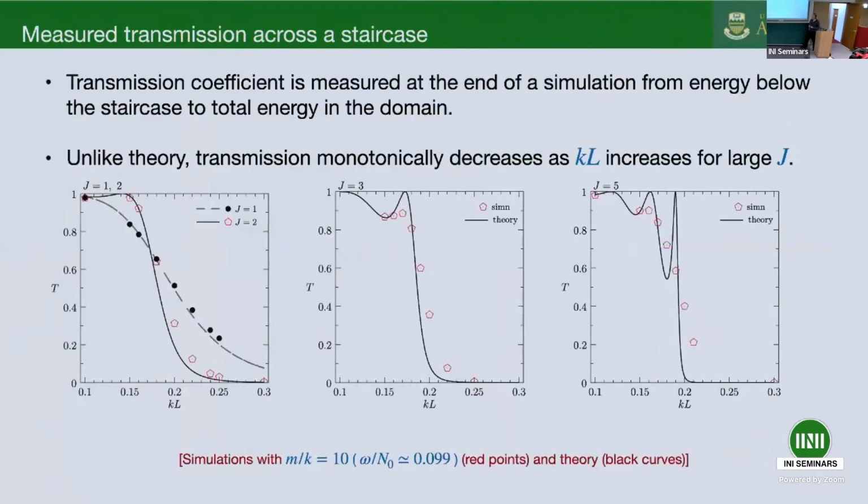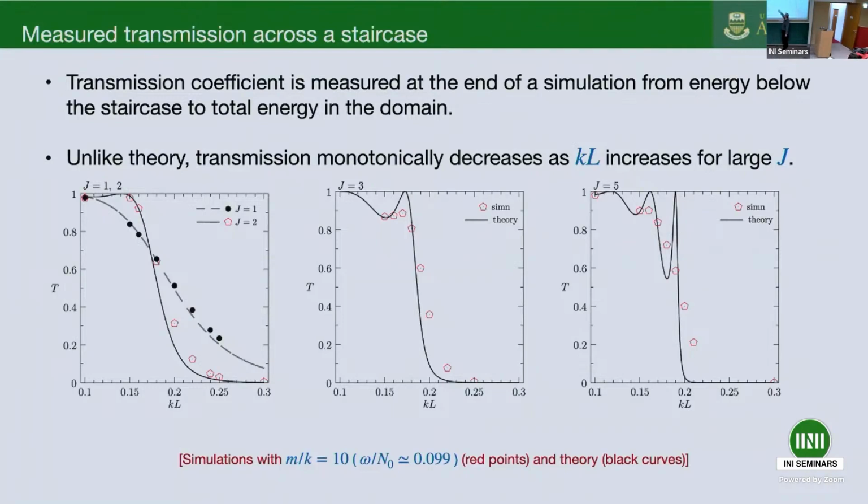Okay, so these are the results of having measured the transmission coefficient in a number of different simulations where we change, effectively, the step size relative to K. I have a dashed line here, which is the theory if we have just one step. J equals 2 is if we have 2 steps. And the points correspond to the simulation results.